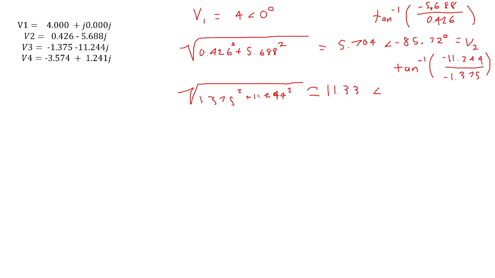The angle you're going to get here is going to be in quadrant one, the upper right side, where it gives you the angle that would be represented by positive 11.244 J and positive 1.375. We need the angle in the third quadrant.